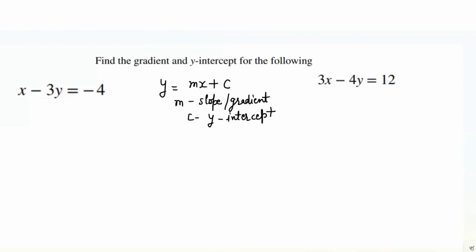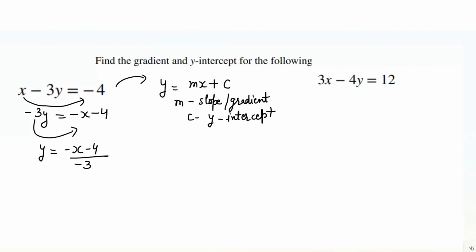Now first we have to convert all the equations in the form of y equals mx plus c. So for that we have to take all the values on the right side except the value for y. So here minus 3y, I will take x to the other side, I'll get minus x minus 4.